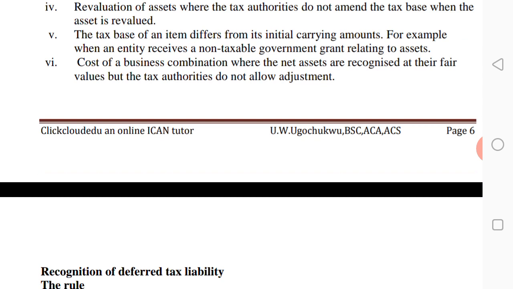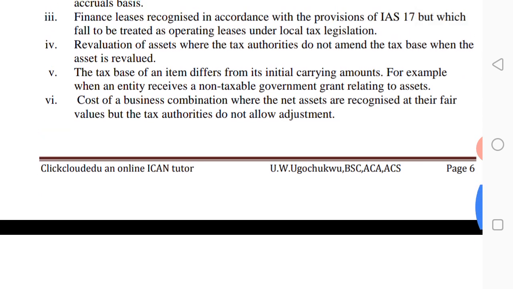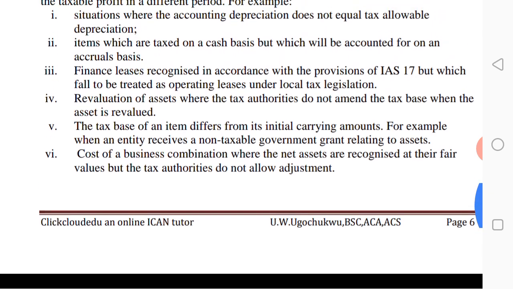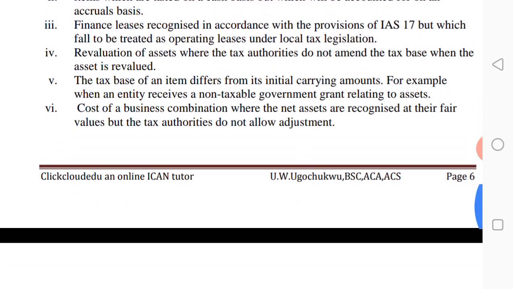The tax base of an item differs from its carrying amount. So when the tax base is different from the carrying amount, it also warrants a temporary difference. For example, when an entity receives non-taxable government grants relating to assets, a non-taxable government grant will also lead to a temporary difference.